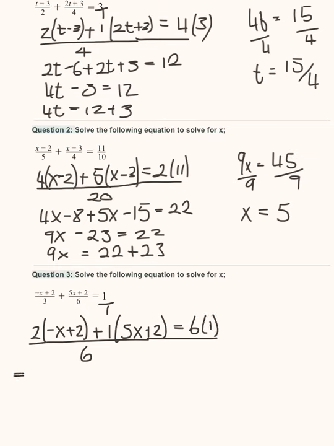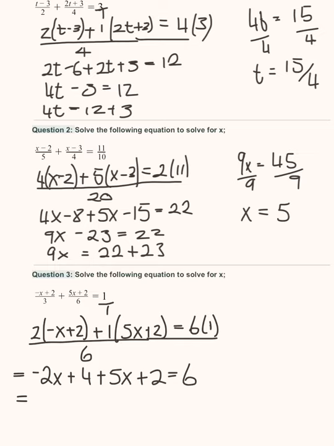So again, now we're at the point where we can drop our lowest common denominator to get a single line equation, and we're going to multiply out our brackets now to start to simplify. So 2 times minus x is minus 2x, 2 times 2 is 4, 1 times 5x is 5x, 1 times 2 is 2, and 6 times 1 is 6.